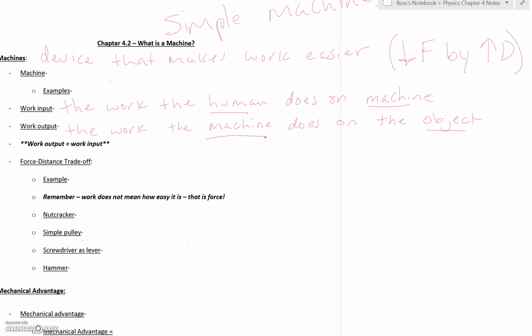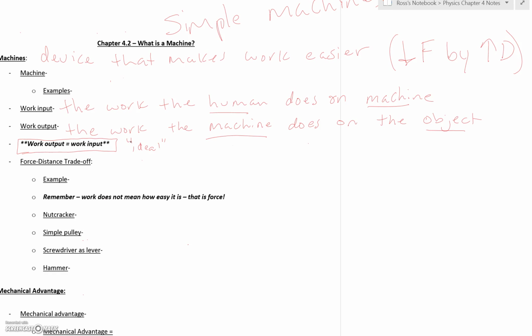Essentially, the machine is the middleman between you, the human, and the object. So theoretically, work output should equal work input. This is what would happen in an ideal world or an ideal machine. And as you know from our conversation about Newton, an ideal world is a world without gravity and without friction. So for work output to equal work input, there would have to be no friction involved in the simple machine, and that's just never going to happen.